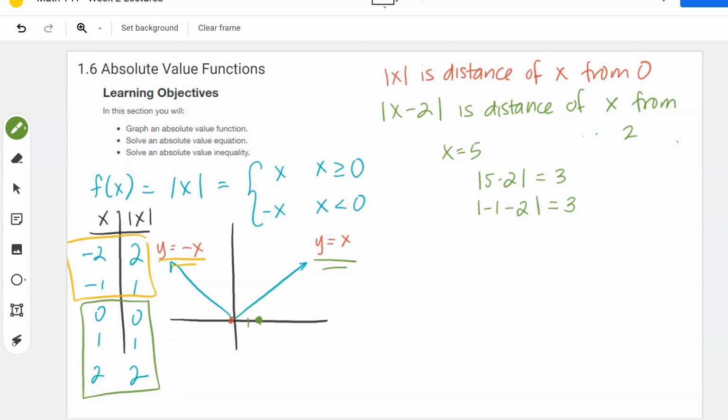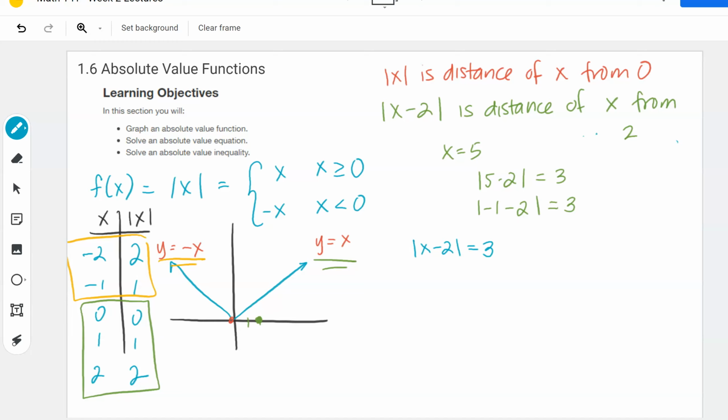But that's where this really becomes useful later on: it's shorthand for saying, hey, I want this to be true. So if you were solving the actual equation, absolute value of x minus 2 is equal to 3, this is going to give you both of those solutions.